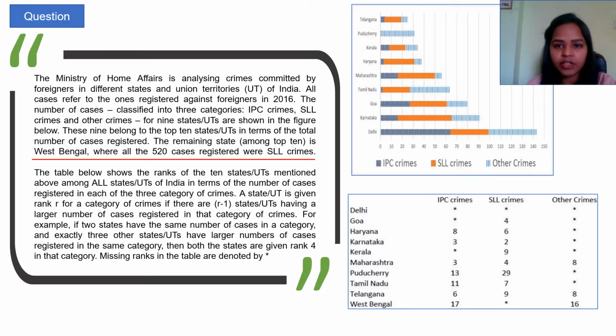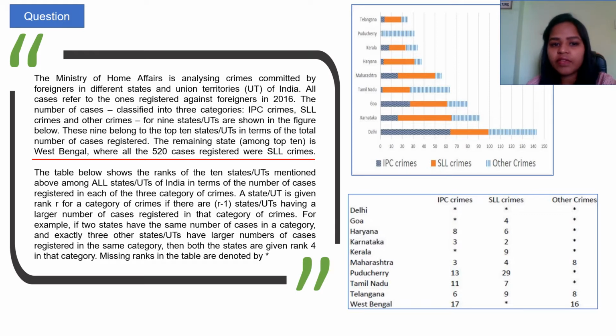So the first figure shows 9 states, and the 3 different crimes are shown as 3 different colors. These 9 belong to the top 10 states or UTs in terms of the total number of cases registered. The remaining state among the top 10 is West Bengal, where all the 520 cases registered are SLL crimes.